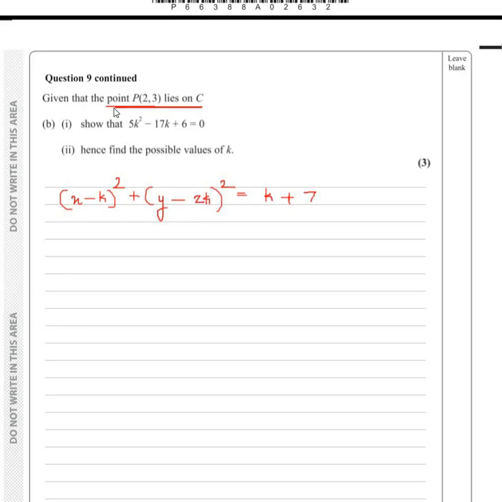Now if we are saying the point P (2, 3) lies on C, it means that the x comma y value needs to be taken as 2 comma 3, and we just have to substitute the x and y values in this given equation. So we write it as (2 minus k) the whole squared plus (3 minus 2k) the whole squared is equal to k plus 7.